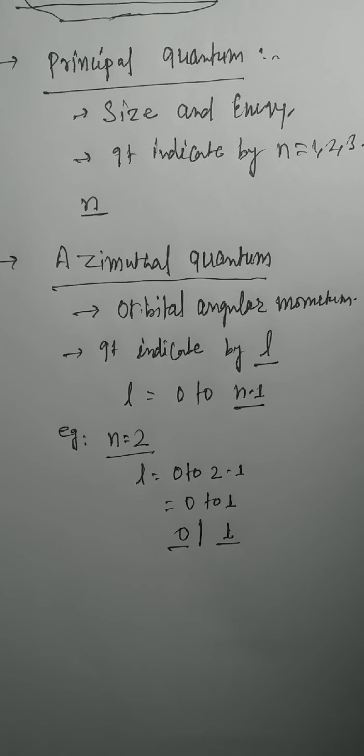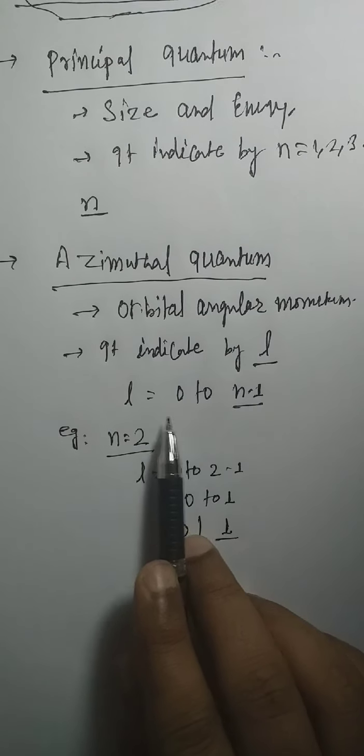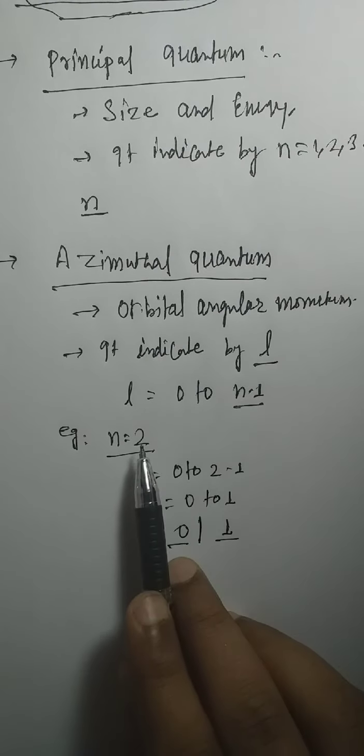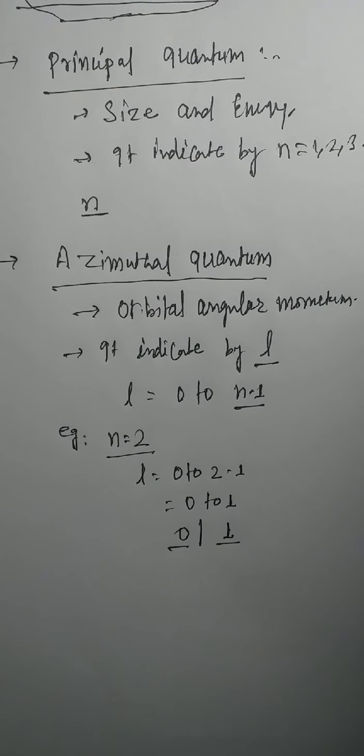So wherever n is given, you will easily think of the formula of the azimuthal quantum number, l equal to 0 to n minus 1, and substitute whatever n value is given. It gives an idea of orbital angular momentum.